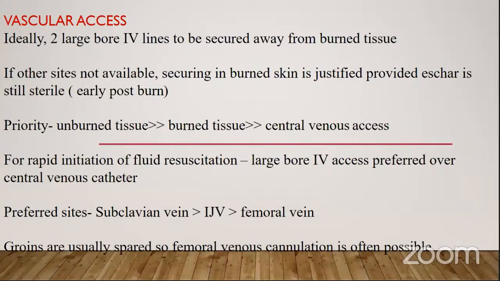The priority in fluid resuscitation in this patient will be using a large bore IV in the unburnt area, followed by cutdown, or a central venous line may be used. Most of the time in burns, the groins are spared, so femoral venous cannulation can also be used in securing the intravascular access.